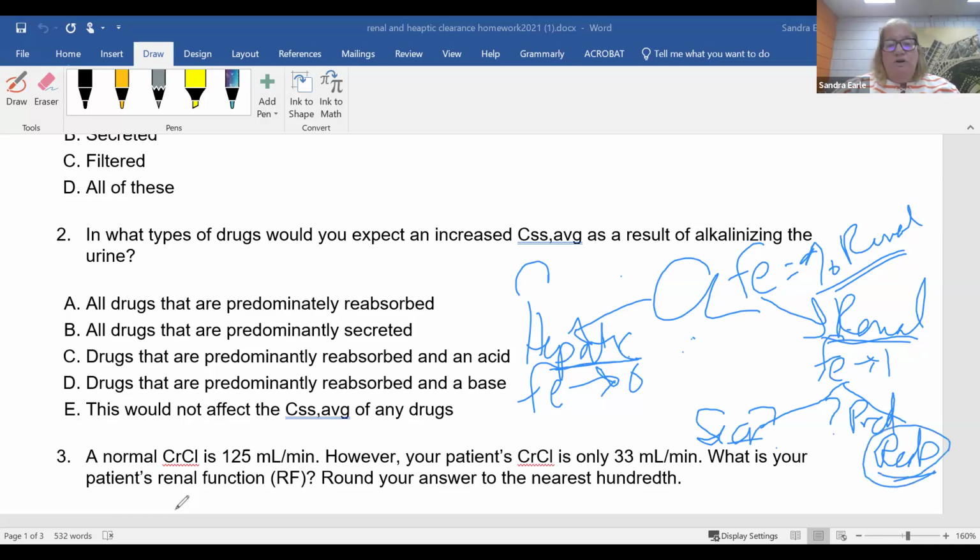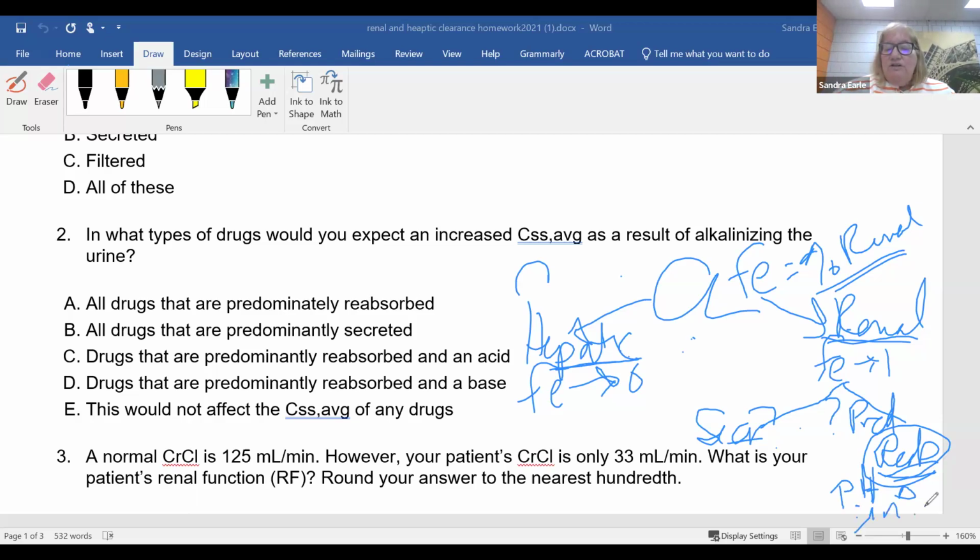For reabsorption, we're looking for pH changes of the urine, and changes in the concentration gradient, because we have to have that concentration gradient for the drug. That's what powers the reabsorption. It has to have a concentration gradient, has to be small enough, lipophilic enough, and unionized enough to be reabsorbed. So those are the two things we're looking for with reabsorption: pH changes and concentration gradient changes.